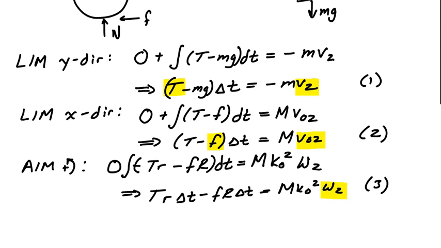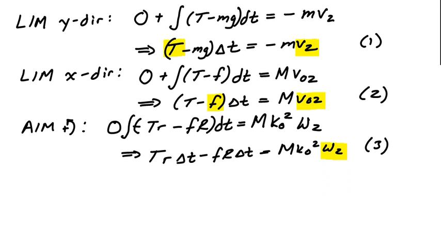Now if we look at equations 1 through 3, we currently have five unknowns, and we only have three equations. So I'm going to need to use some kinematics here to help myself out, and these kinematics aren't going to be too difficult. Namely, I'm going to use the fact that the point in contact with the ground on the disk is an instant center. Because of that, vO2 is going to equal minus big R times omega 2.